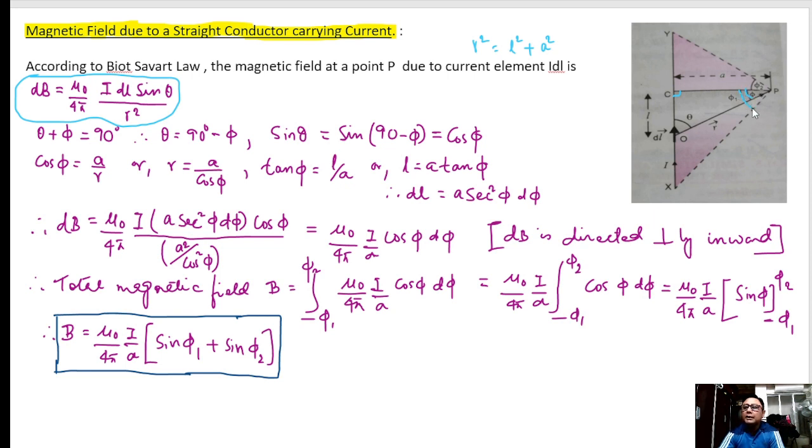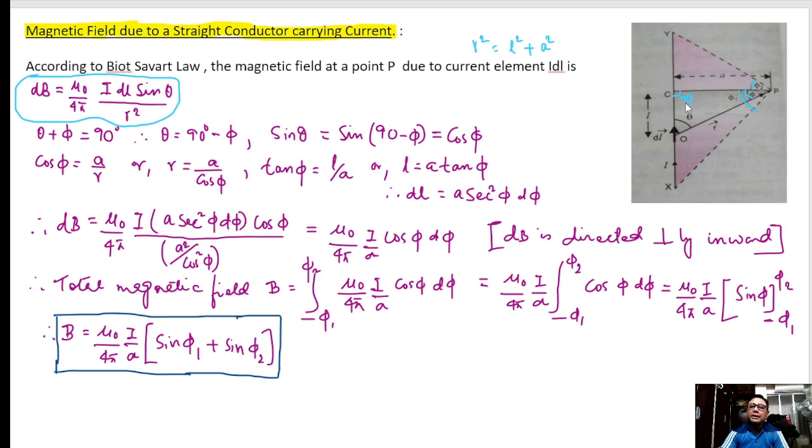Suppose this angle is phi 1 and this angle is phi 2. Clear? We can easily say that theta plus phi is equal to 90 degrees. Please watch here, theta, this is 90 degrees.